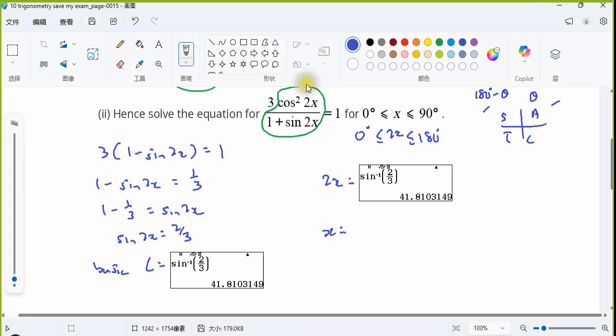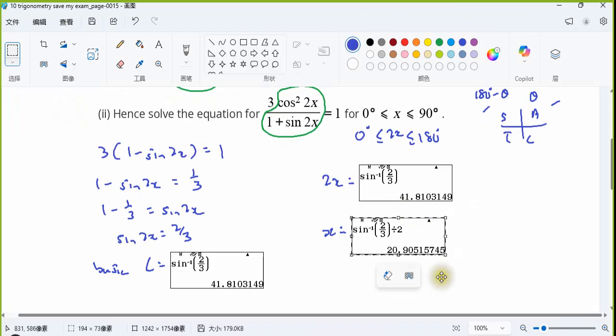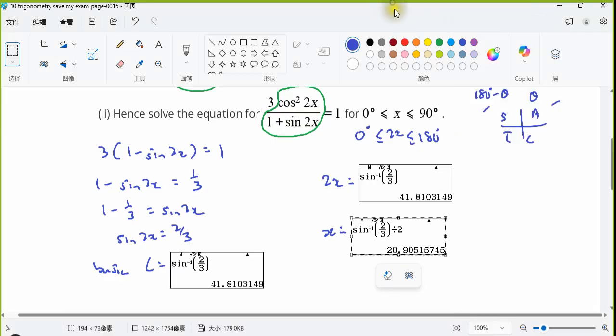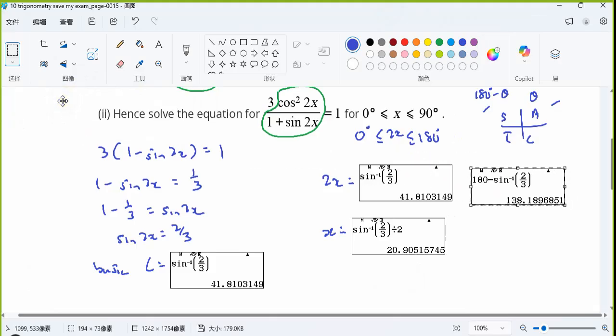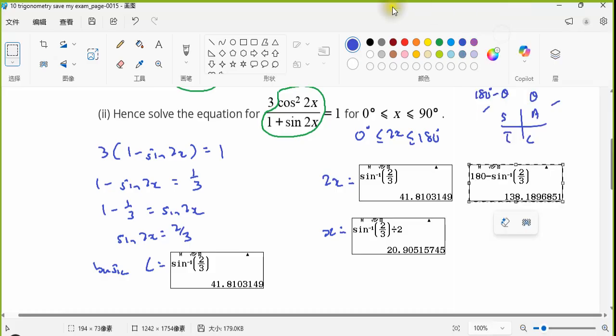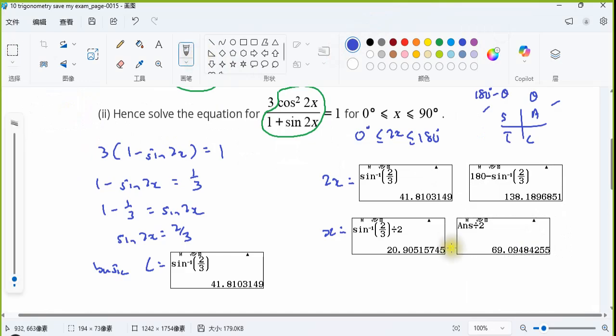Then it's 20. At the same time, we will have 180 minus this, and this one divided by 2. So we will have x is 20.9 degrees and 69.1 degrees. Okay.